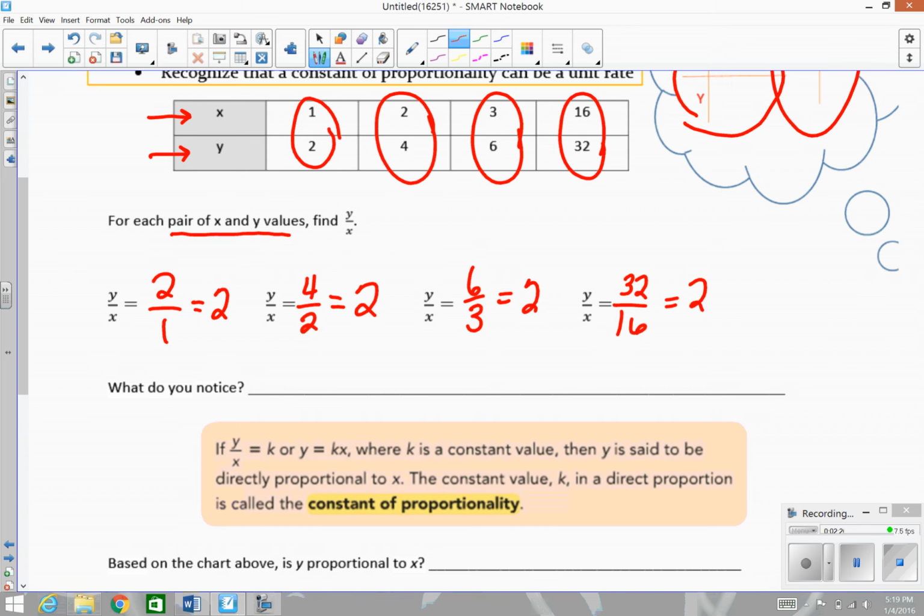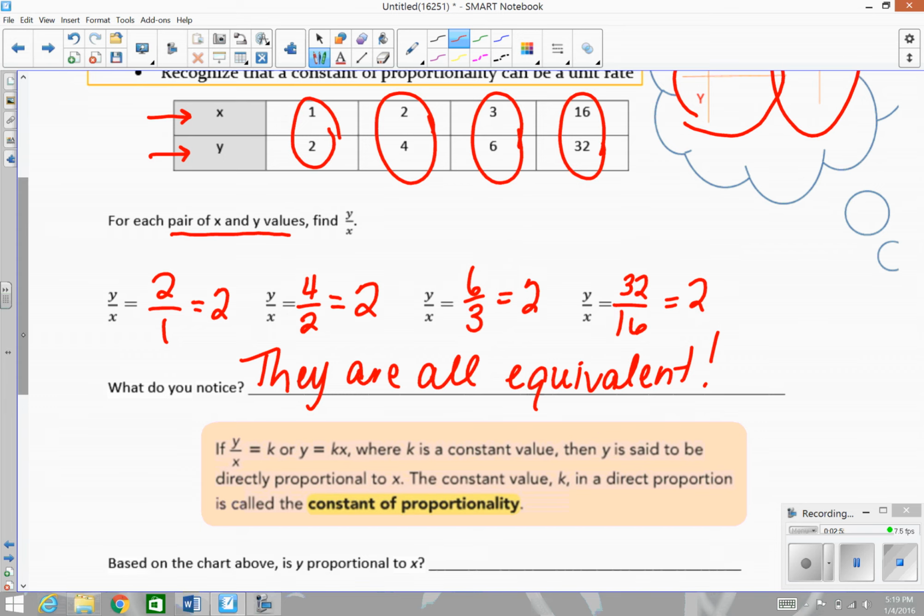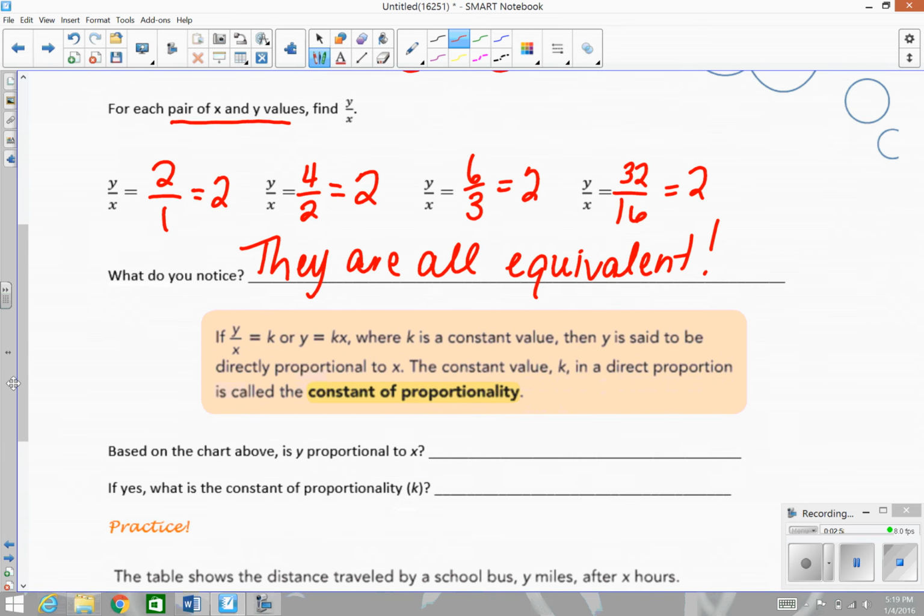So what are you noticing? Hopefully you're noticing that they are all equivalent. When you have this fraction, this ratio of Y over X, where each pair has an equivalent value, you notice these all equal 2, we say that this is a proportional relationship. And this leads to some really important things.